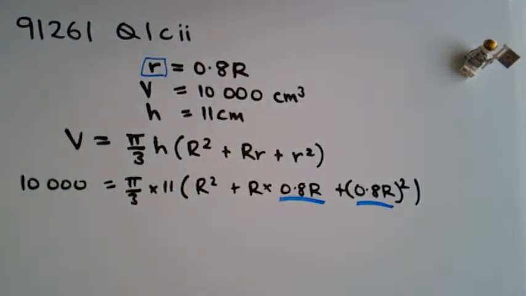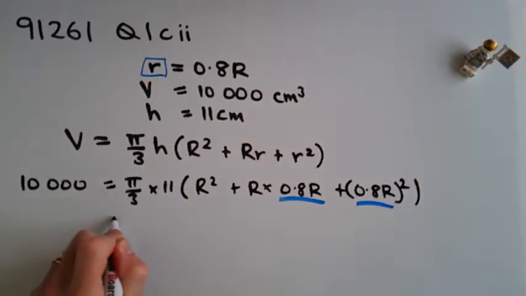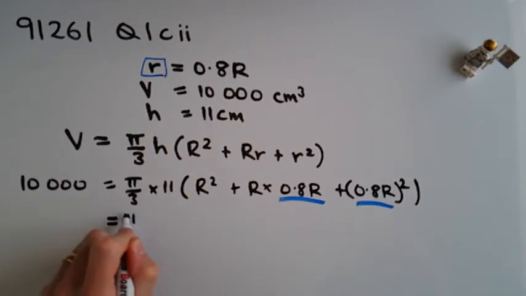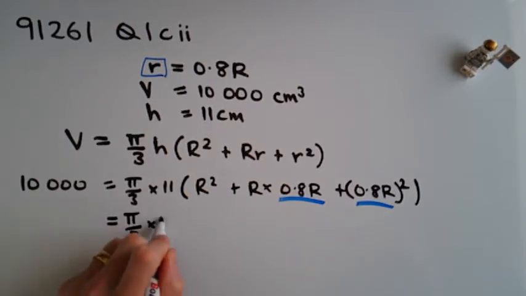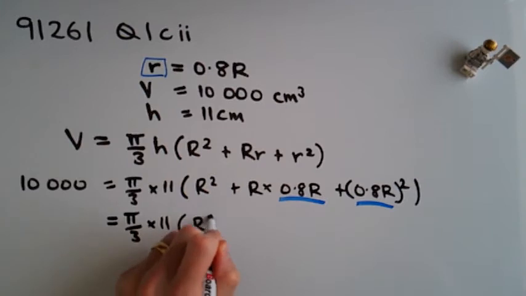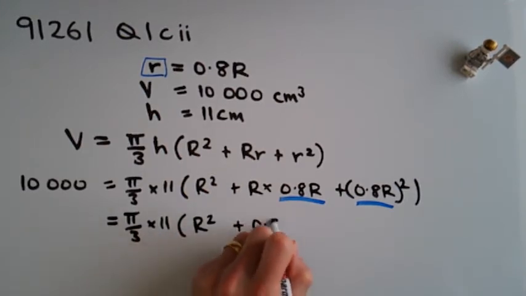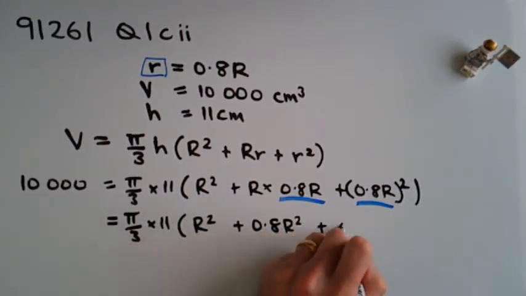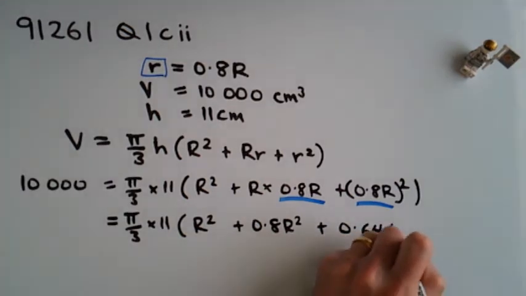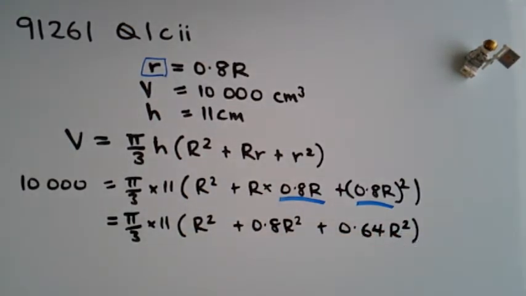I have to be careful to put brackets around it because I want to square 0.8 big R. So this is pi over 3 times 11, lots of R squared, plus 0.8 R squared, plus 0.64 R squared.